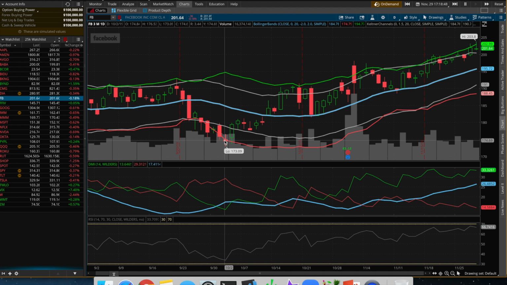But if a doji appears like this, where the other indicators are not telling you anything, then you ignore it. Also, if a doji appears right in the middle of a trend, so for example, it's not a price extreme. It's not too high, not too low. It's right in the middle.